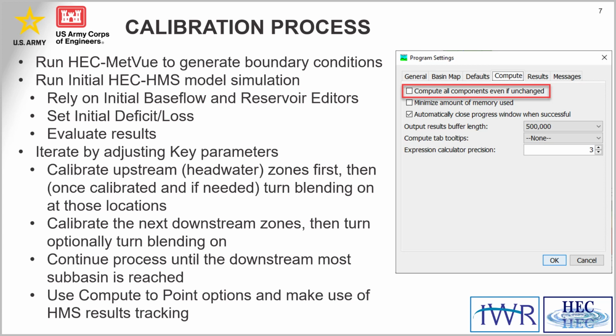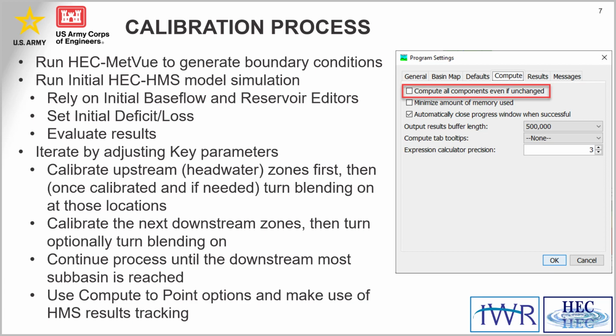then we'll calibrate using the loss parameters. And in this, we're going to try to get our timing and the intensity for our results in line. And then we might need to go back to base flow and change some of the other parameters that weren't the initial ones to try to get the tails and stuff like that.